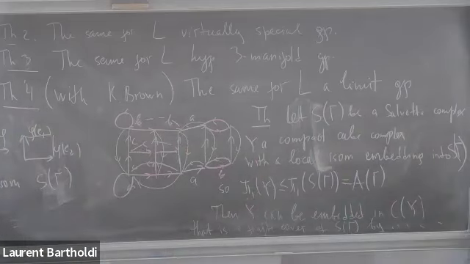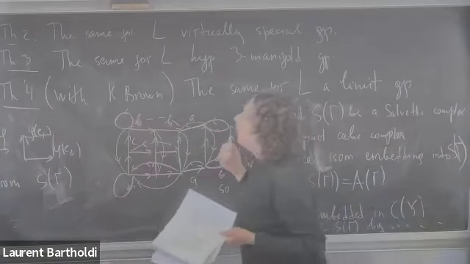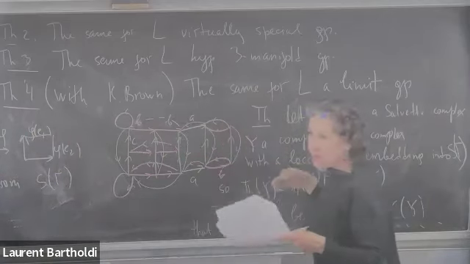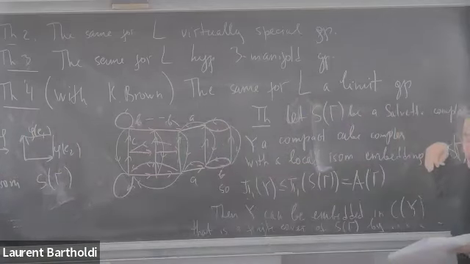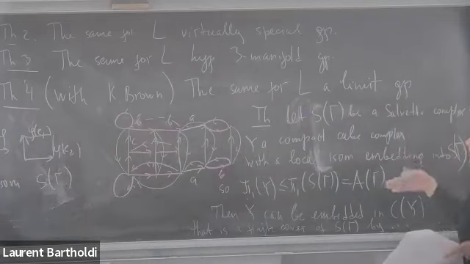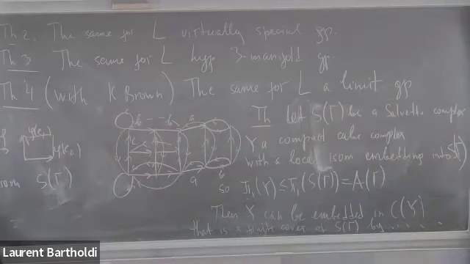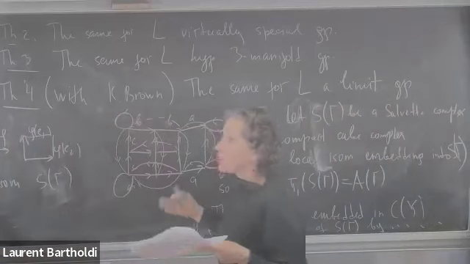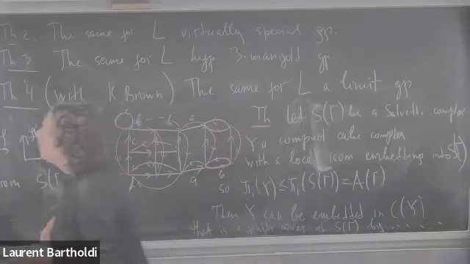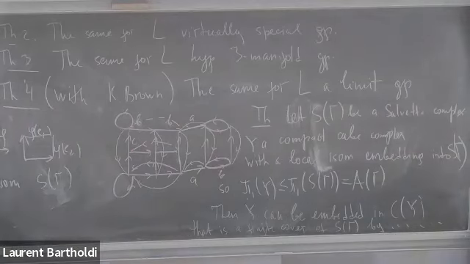Now a couple of words about limit groups. For limit groups we actually prove more, and it's harder to prove than this completion. We prove that this finite index subgroup is obtained again from the subgroup H by a series of extensions of centralizers, and then taking a subgroup of this.